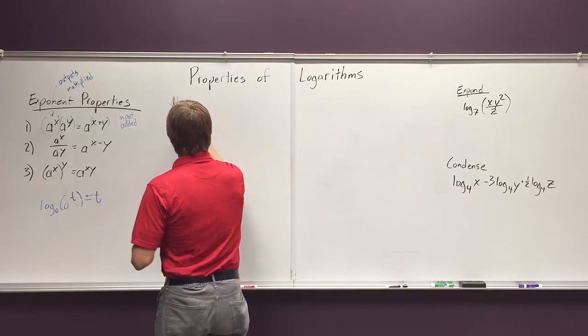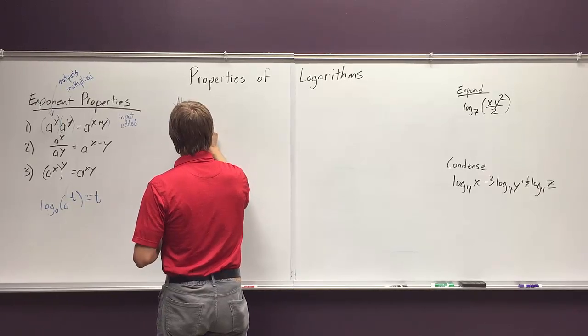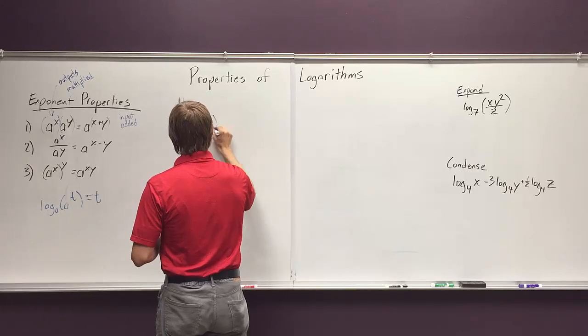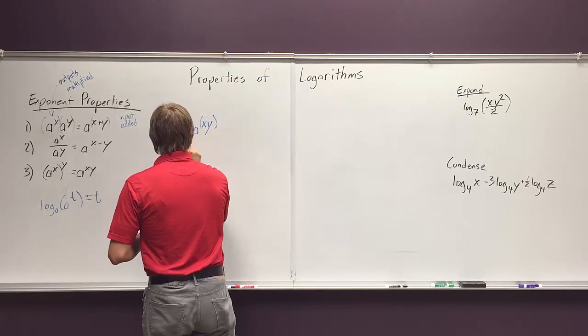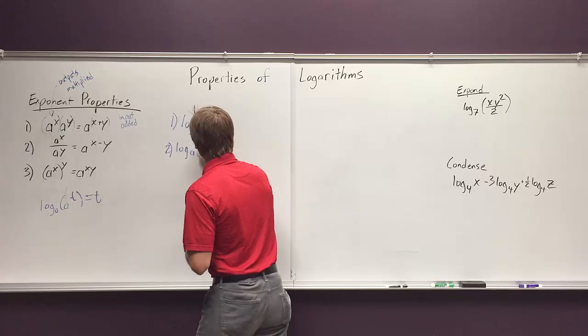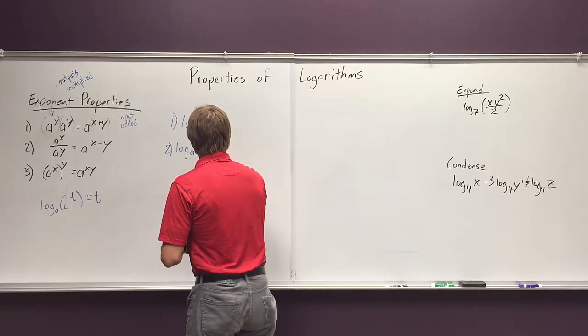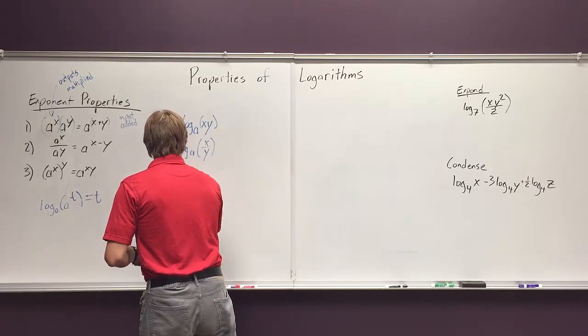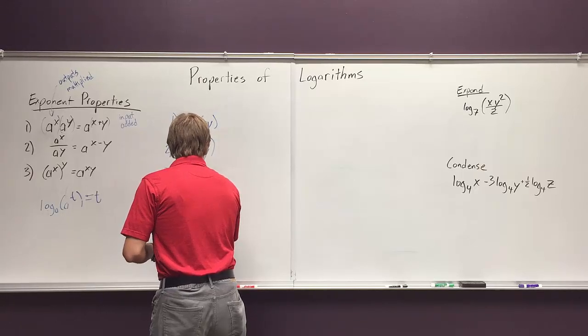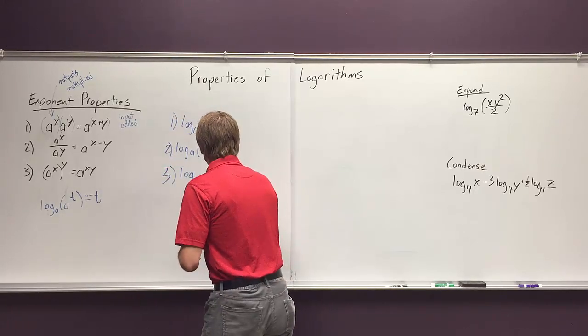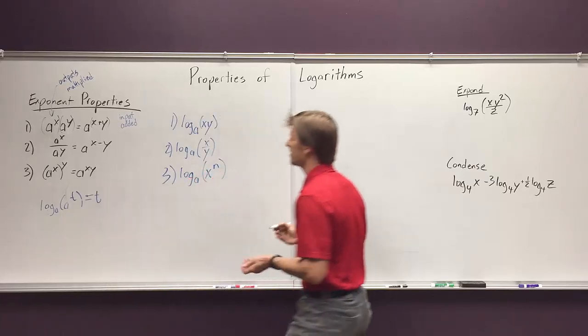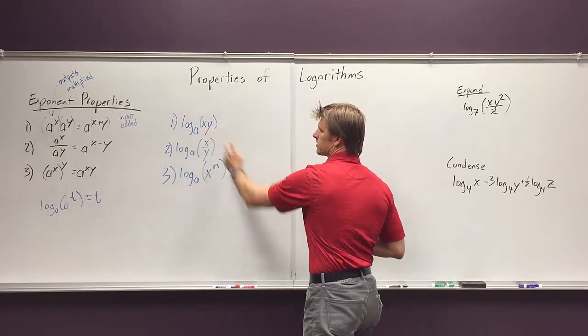They're going to give us something for when we have log base a of xy, log base a of x over y, and log base a of x to the n. Okay? So let's look at this one to start with.